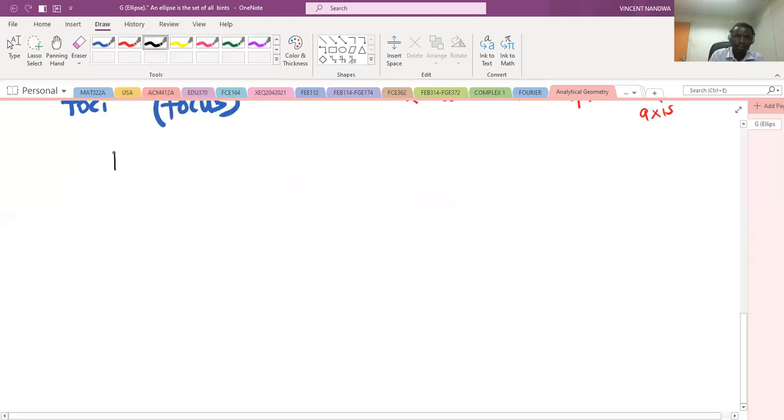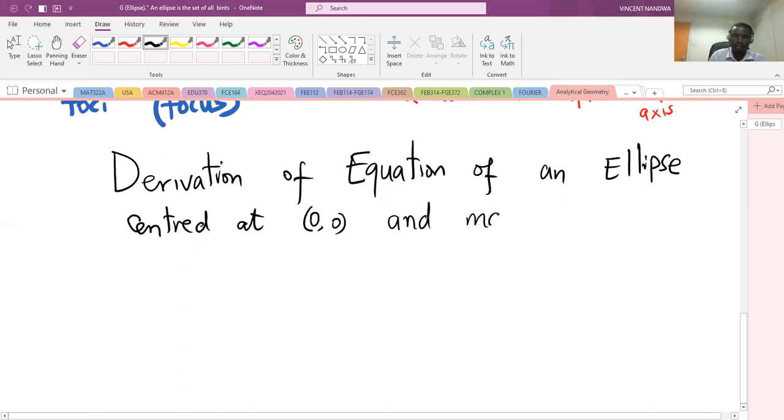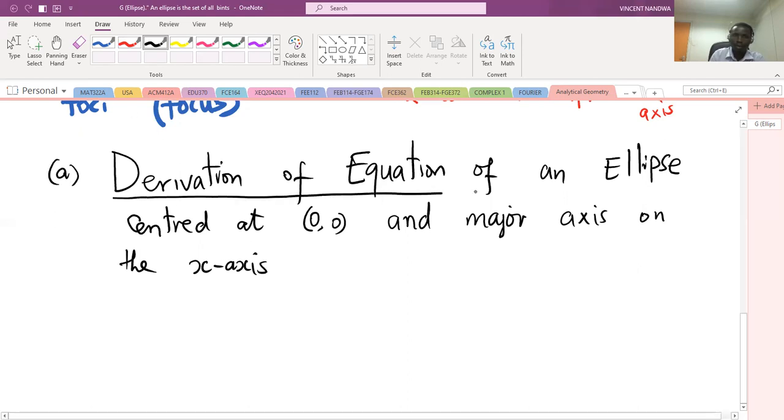So derivation of the equation of an ellipse centered at the origin and major axis on the x-axis. We'll call this case 1, or case A.